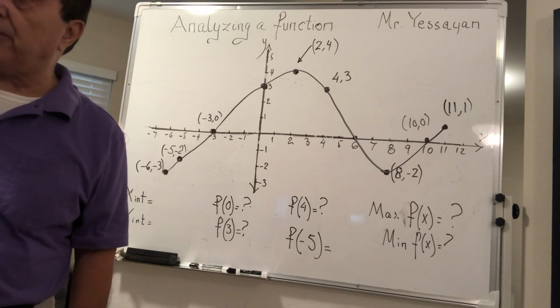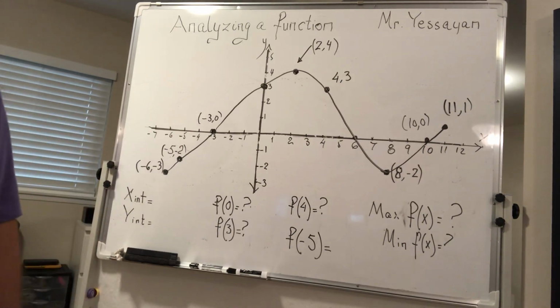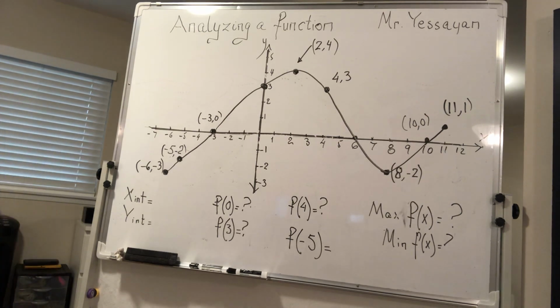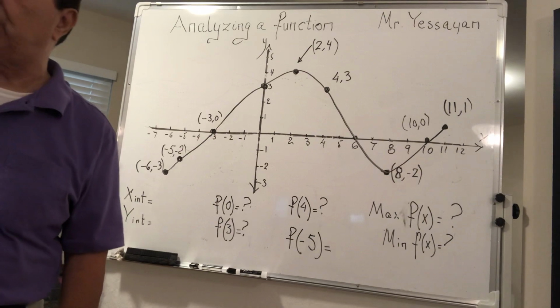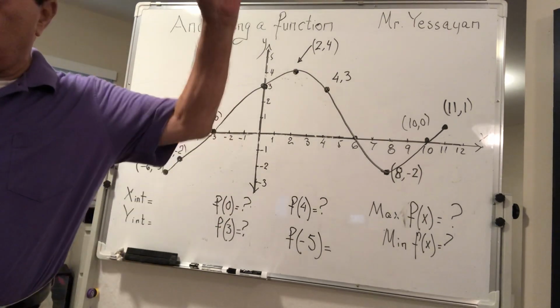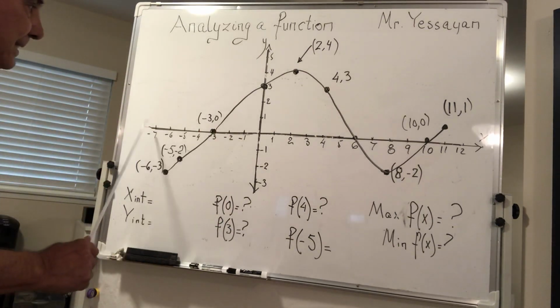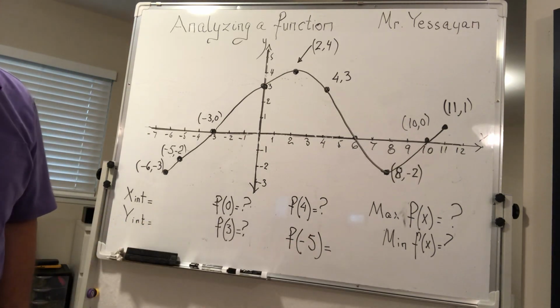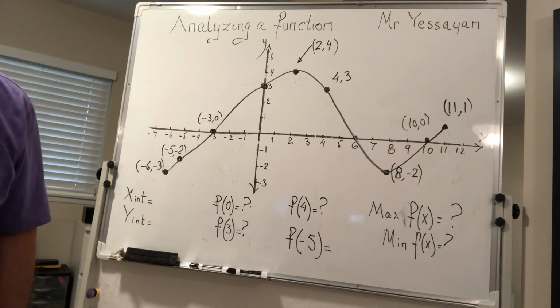Are there any x-intercepts? What do we understand by x-intercept? The x-intercepts are those points of the graph where it intercepts or just touches or passes the x-axis. So let us see. Do we have x-intercepts? Yes, we have.